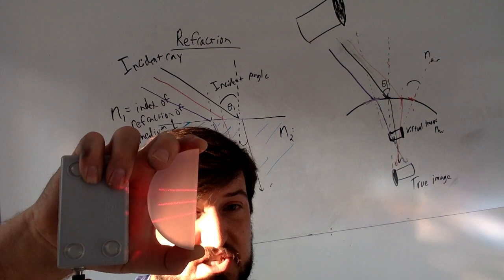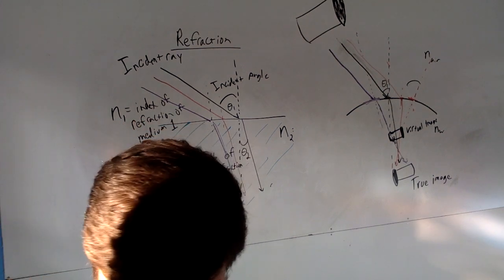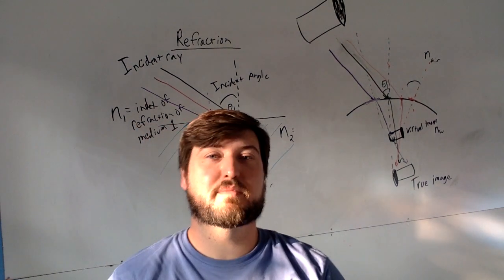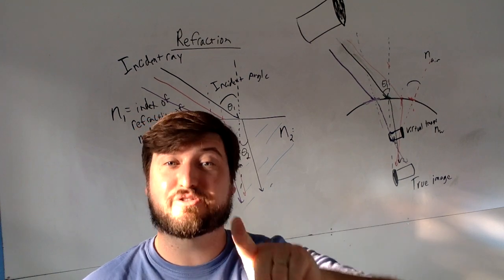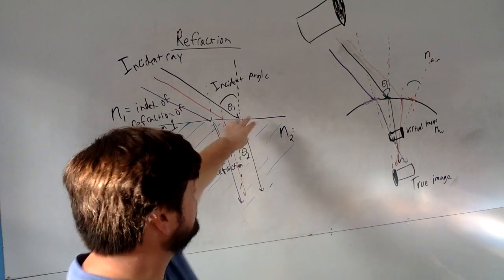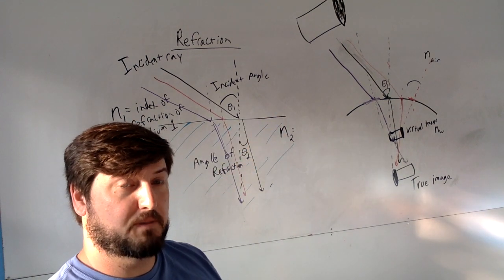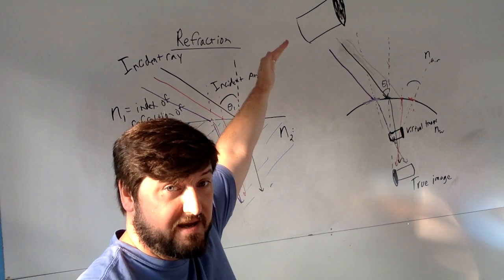Anytime light encounters a surface, okay, anytime it encounters an interface between two materials, light will reflect slightly, okay? So you'll have refraction, but you'll also have reflection back out of here.